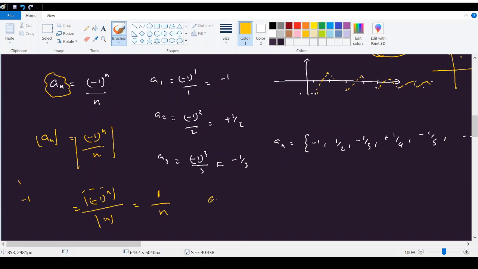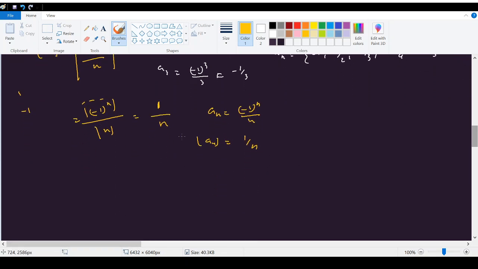In other words, the modulus of that sequence will be equal to 1 over n, right? Then we can simply consider the limit of that sequence. So we just consider the limit of this 1 over n sequence, and that is equal to 0.